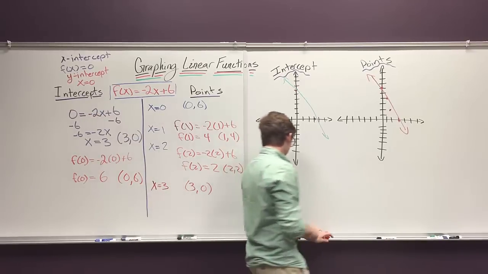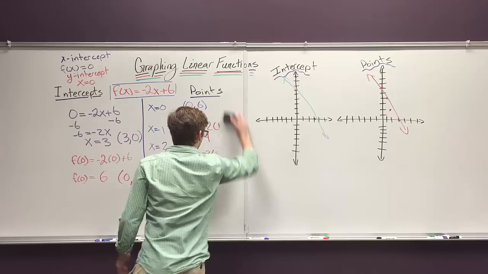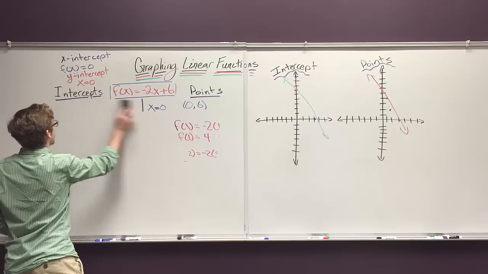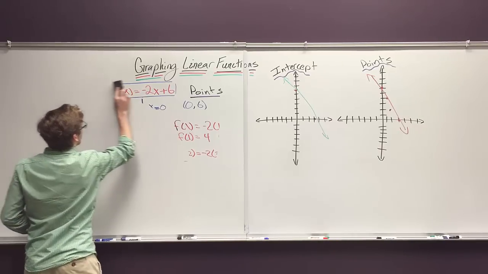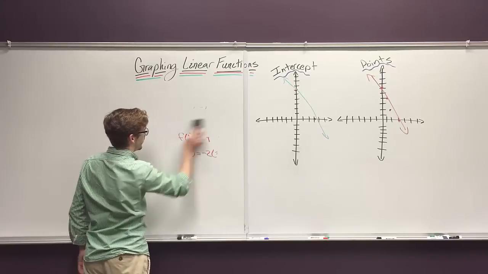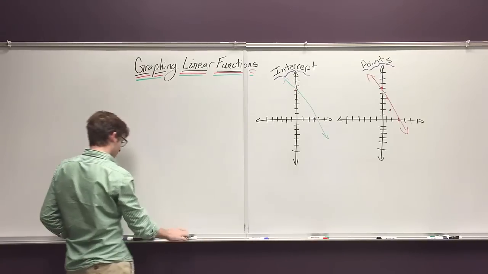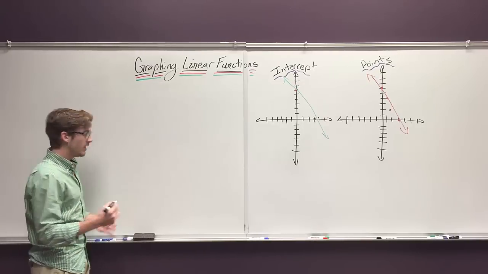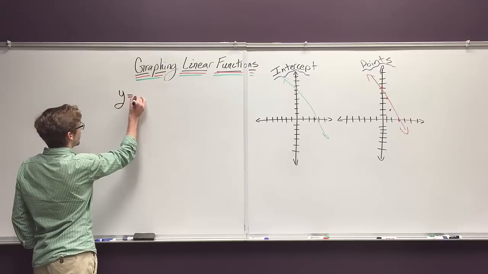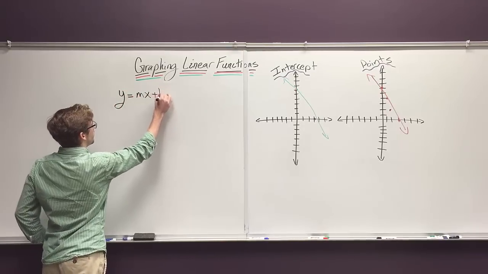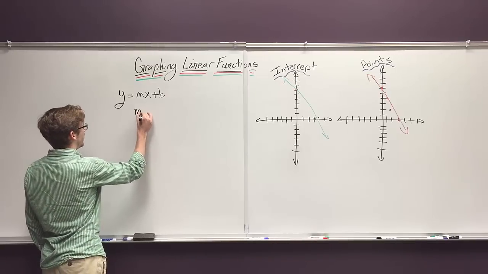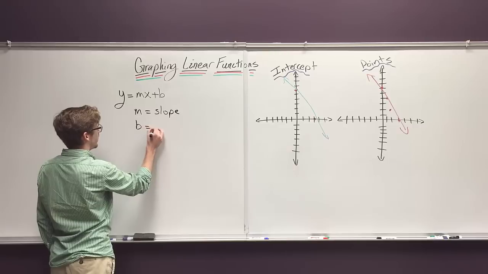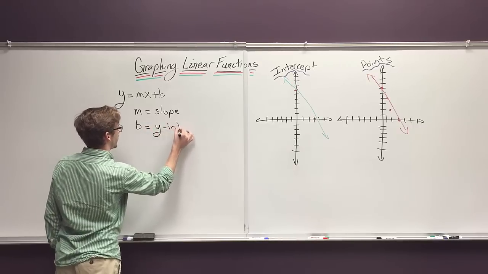Now, what if we don't have any of this information? What if we don't have points, we don't have the intercept, we don't know what they are, we don't have an equation? All we have is the graph. Well, if we have the graph of a line, the only thing we know so far is that a line is y equals mx plus b, where m is the slope and b is the y-intercept.